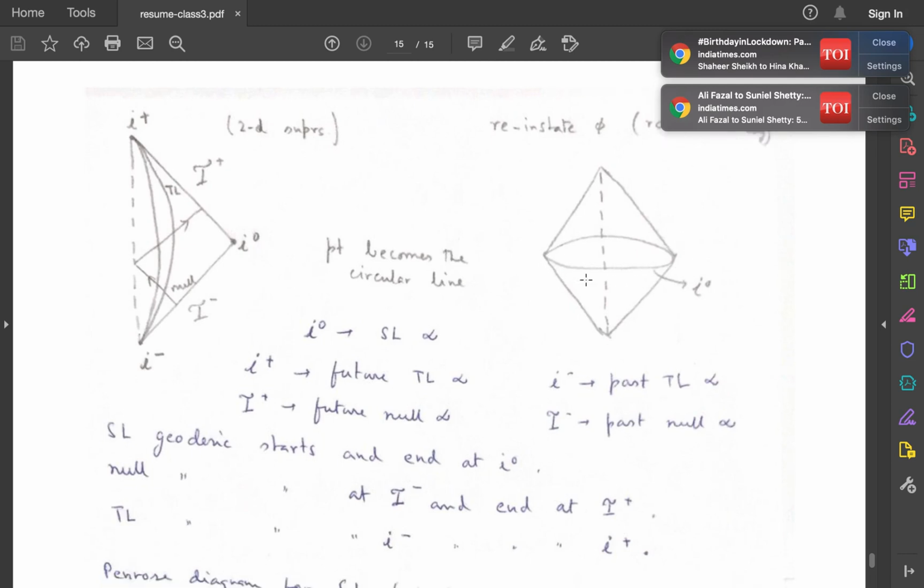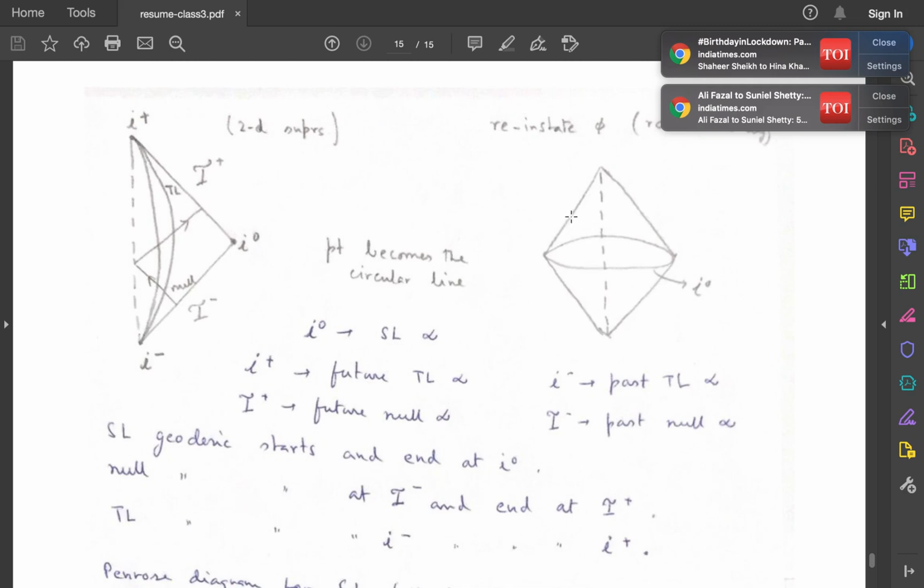You remember that a spacelike geodesic should always start here, go somewhere here, and always come back here. Light should start here, go somewhere here, and either stop here or go and stop here.